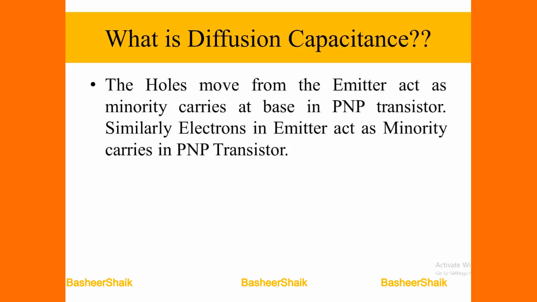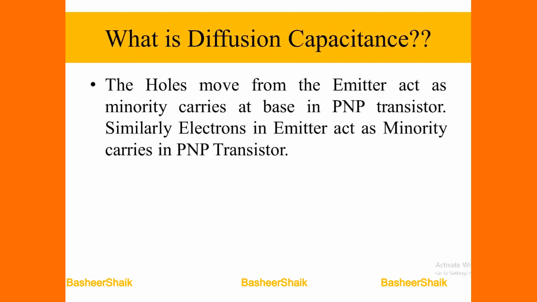If you apply forward bias to the PN junction, such that the emitter is connected to the positive terminal and the base is connected to the negative terminal, then holes from the emitter move into the base and act as minority carriers at the base.